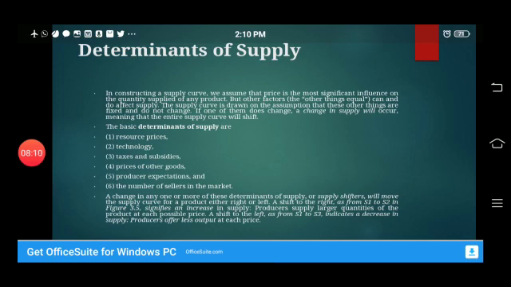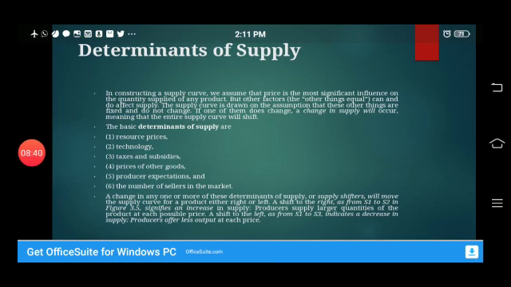They will say that we are closed, we do not have petrol, so that they can earn higher profit the day after tomorrow. So producer expectations play a very important role in the supply of a particular product. If they expect the price to increase in future, they will supply less now. And if they think the price will decrease in future, they will try to sell more and more now.